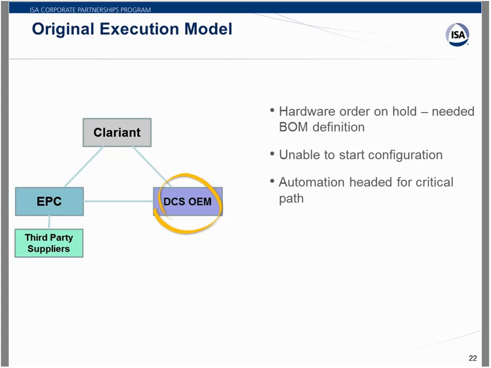There was a rather large gap in this case between the EPC's ability to tell the DCS supplier what needed to be configured. So the EPC was really not capable of defining the requirements of this somewhat complex batch unit, how to configure it, to the DCS OEM.